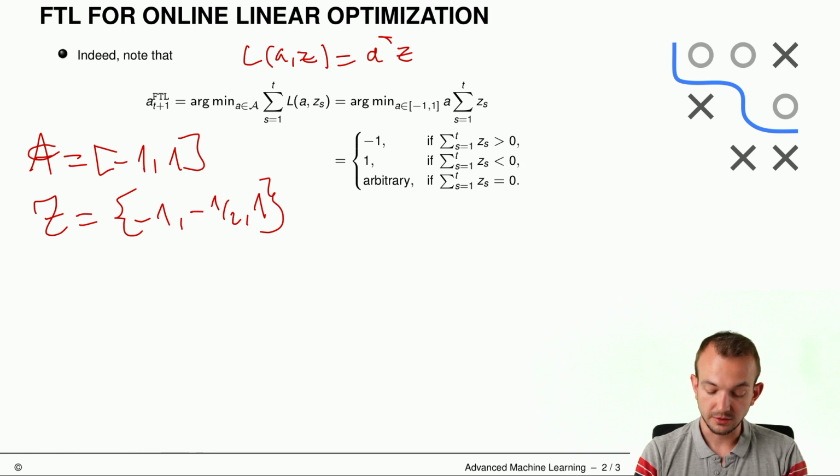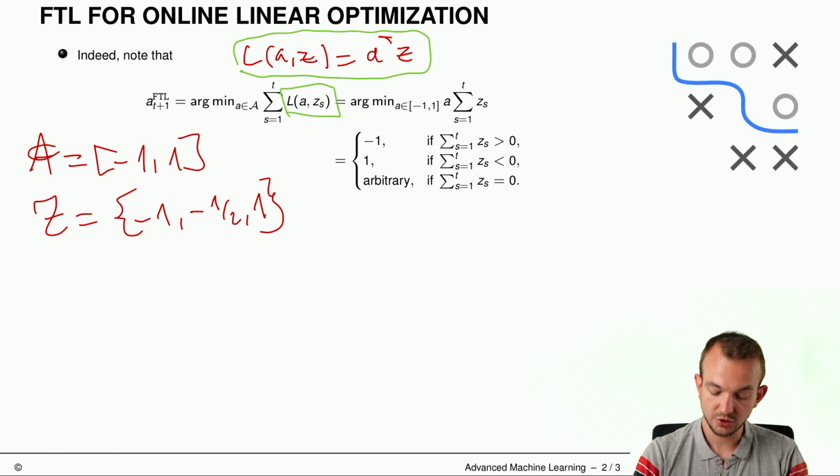Taking these things into account, we can plug in the definition of the loss function, considering that A is one-dimensional and Z is one-dimensional, so this inner product is simply multiplying A with Z. If we plug this in here, we would have A times Z_s.